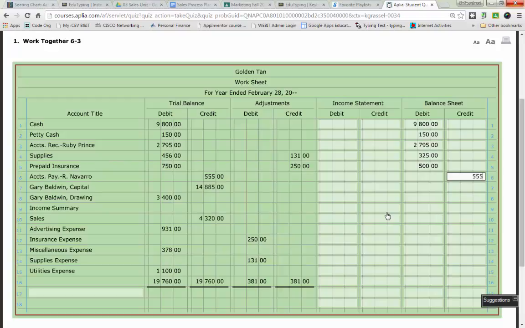Asset, liability, owner's equity, revenue, or expense? Owner's equity. Where does owner's equity go? Income statement or balance sheet? Yes. It does go as an income statement as a credit for $14,885. I typed the wrong number.